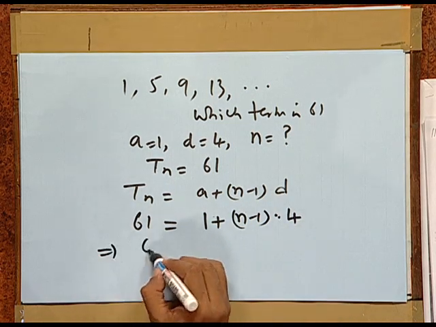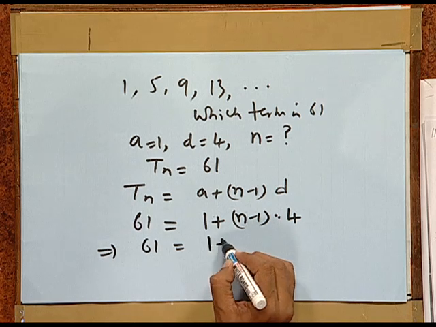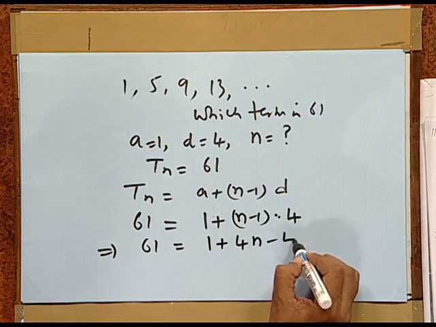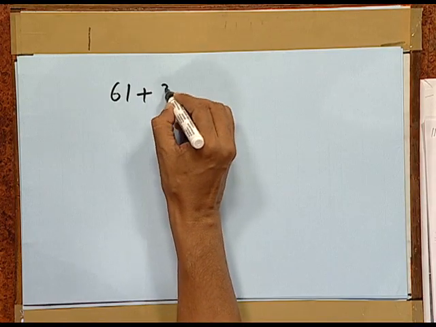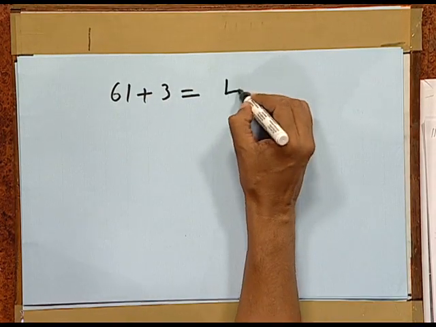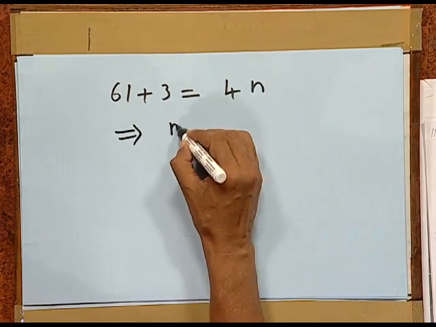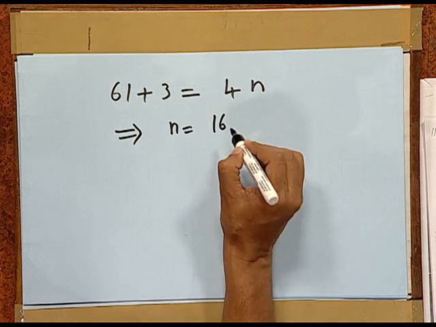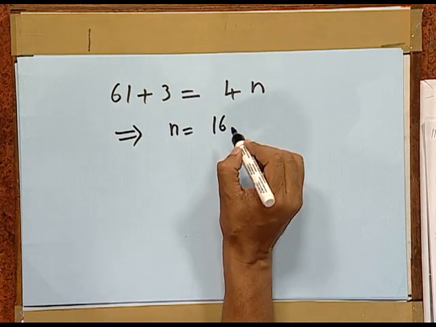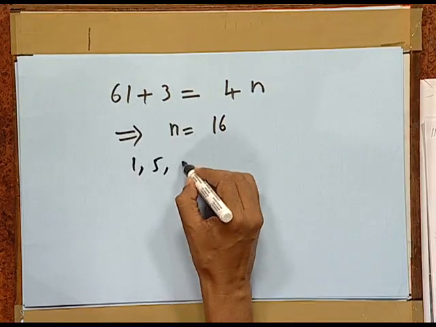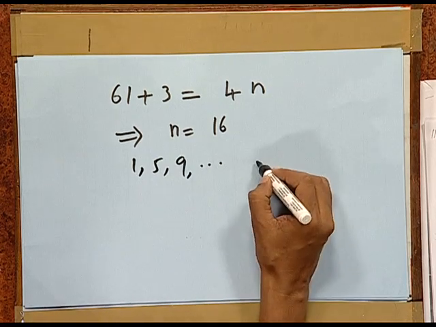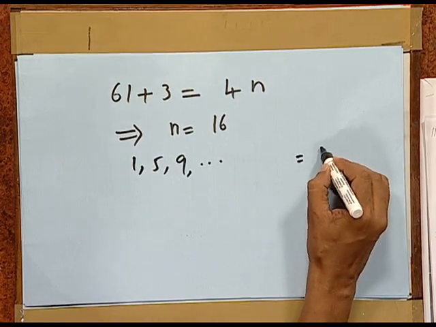This implies 61 is equal to 1 plus 4n minus 4, which implies 61 plus 3 is equal to 4 times n, which makes n equal to 16. So, we have proved that the 16th term of the sequence 1, 5, 9 and so on is equal to 61.